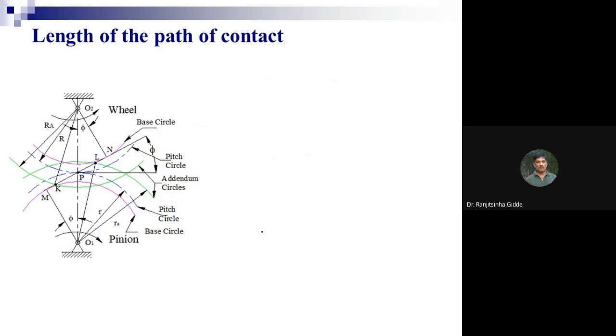Next line you can write: let RA is equal to O1L, which is the addendum circle radius of the pinion. This is capital RA. You can write in your notebook.